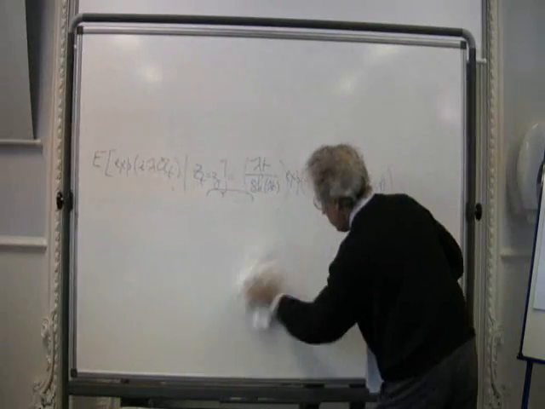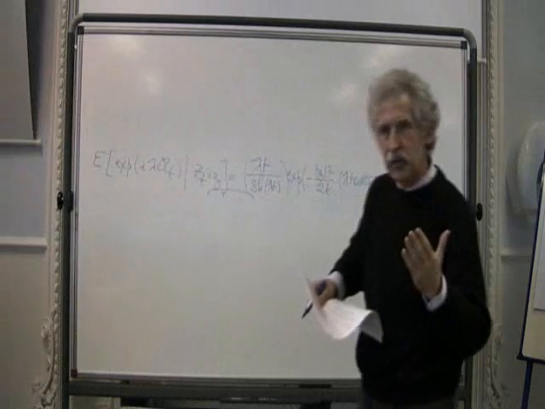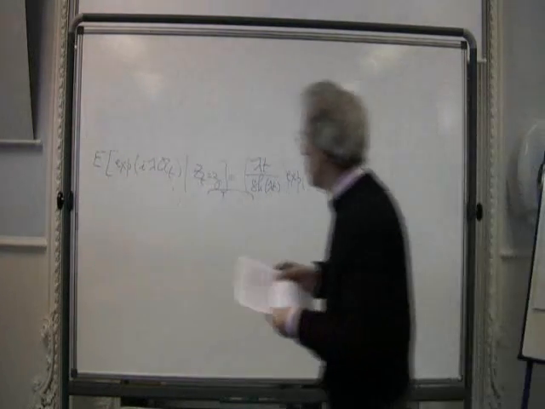Okay, so one possibility is to use absolute continuity relationships between Brownian motion and the Ornstein-Uhlenbeck process.